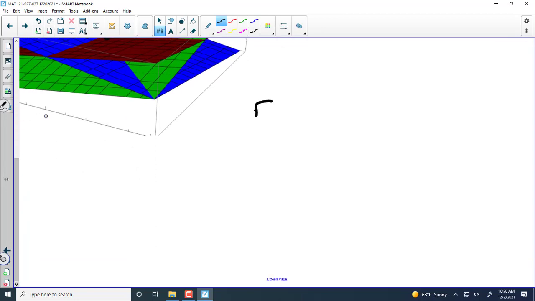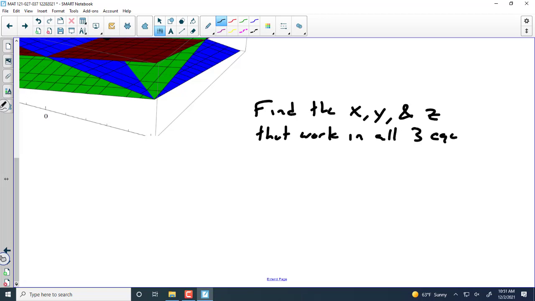So find the x, y, and z that work in all 3 equations.